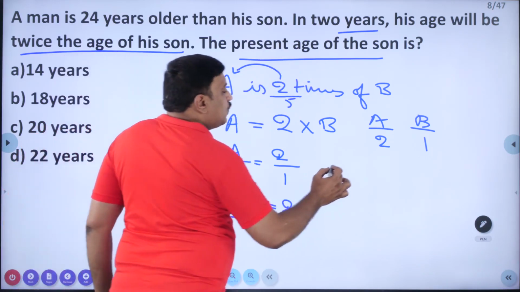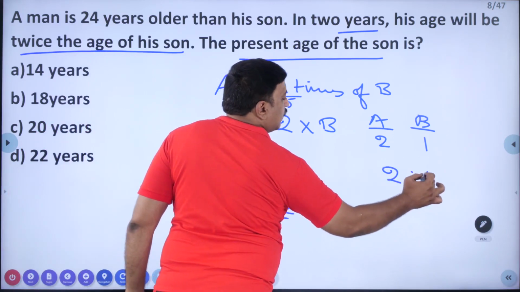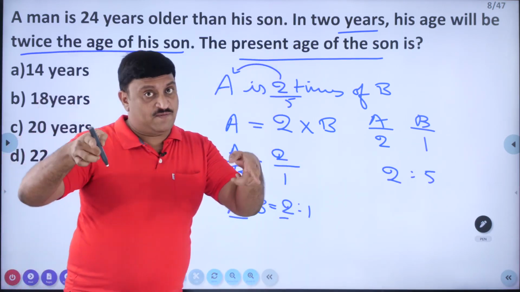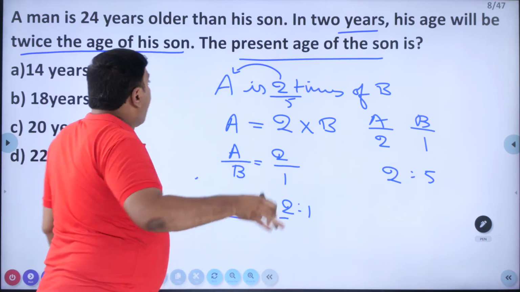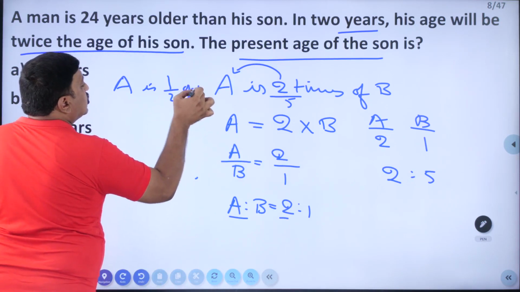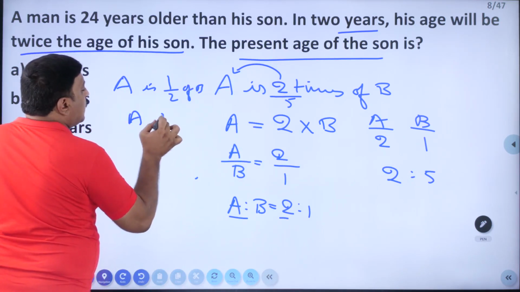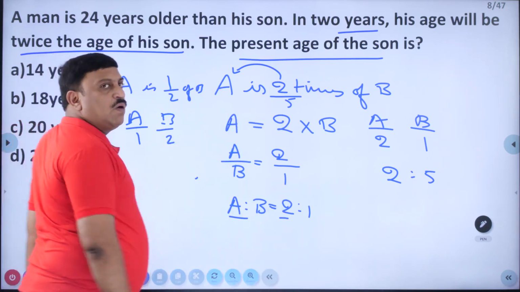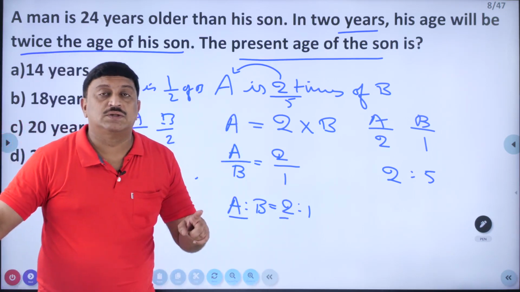So A is 2 by 5 of B means 2 is to 5. A is half of B. So for the ratio of A to B, directly give the numerator to A and the denominator to B. That's all, from now onwards.